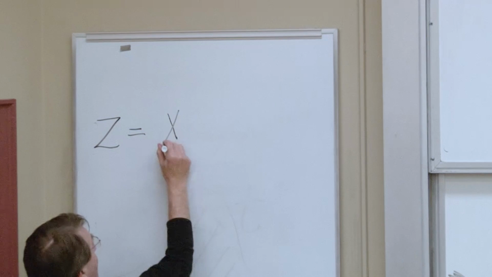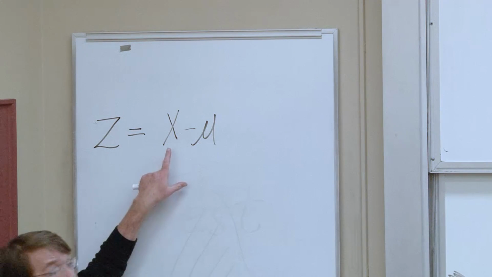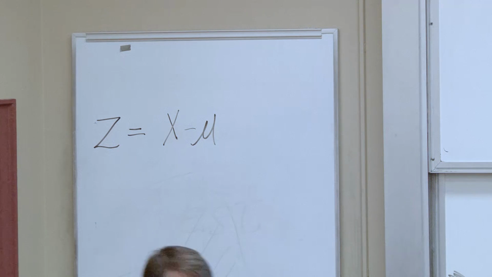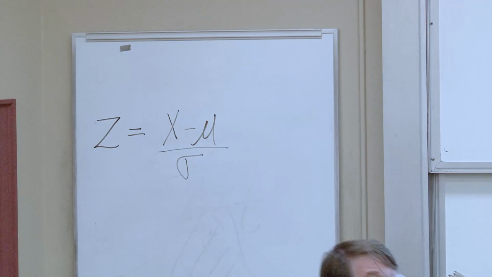Now that's x, okay, x minus mu. Oh, wait a minute. If I take a Gaussian random variable and I subtract the mu, what's the mu? My colleague here knows. It's the mean. So if I take a random variable and, Chris, I subtract the mean, I now got a 0 mean. And if I further normalize it or divide it by the standard deviation, the standard deviation is 1. Now I can use the table.